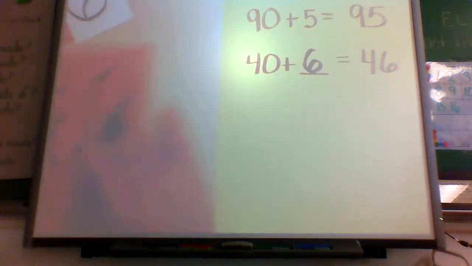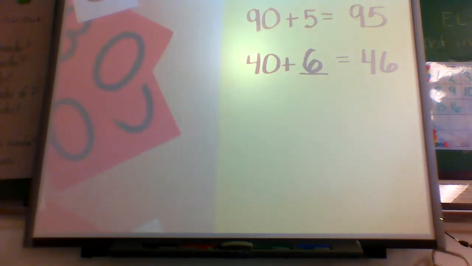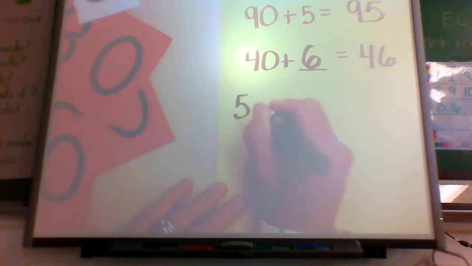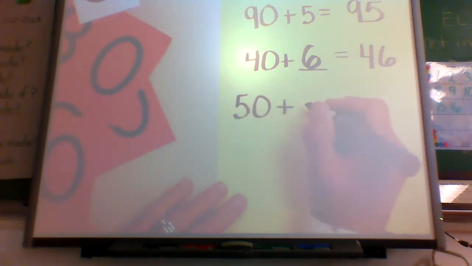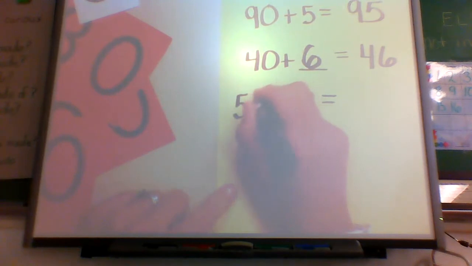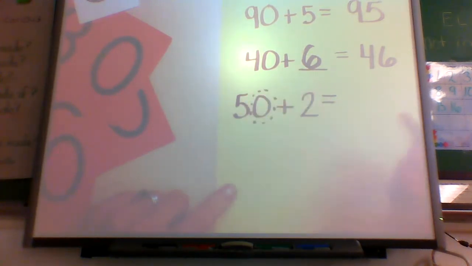Ooh, how about this one? 50 plus 2. Okay, so if I have a 0 here, like I do, right? I have that 0. I'm going to take the 2 and I'm going to cover it. So my answer is 52.